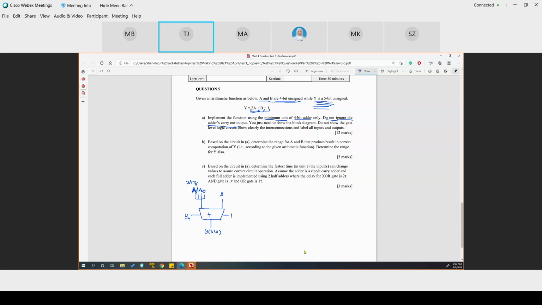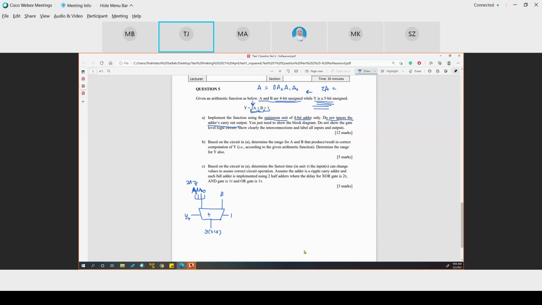So we shift it to the left. Unsigned, so is it that we get A3 as the MSB? I'm confused about that.